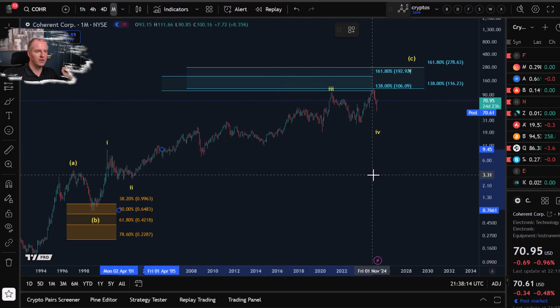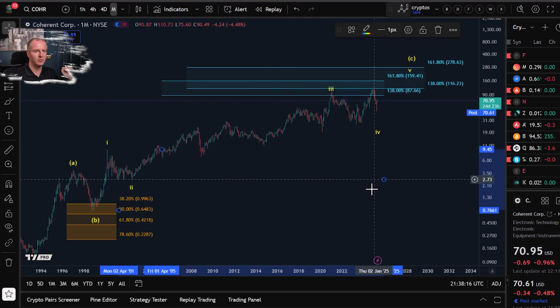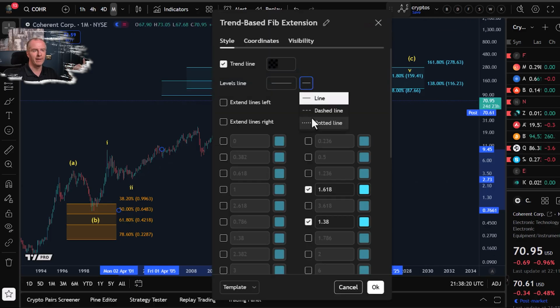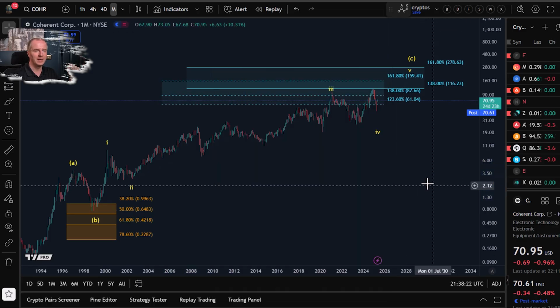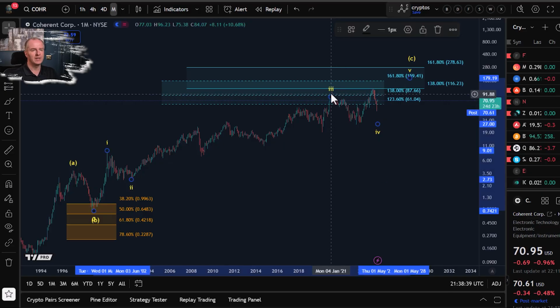So I know that a 3rd wave should normally get to the 123.6 extension, so let's double check that, or higher. Ideally, even the 138% extension. And this high here in 2018 didn't even get there, but it did get there in January 21, $87, hit the 138% extension. So I would first of all leave the third wave there.